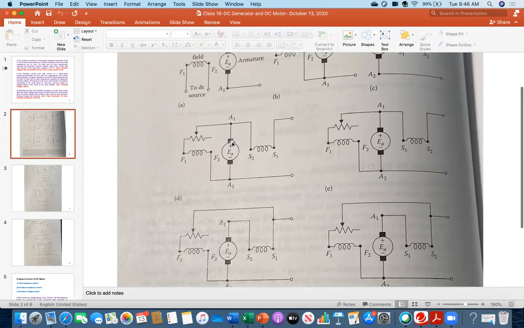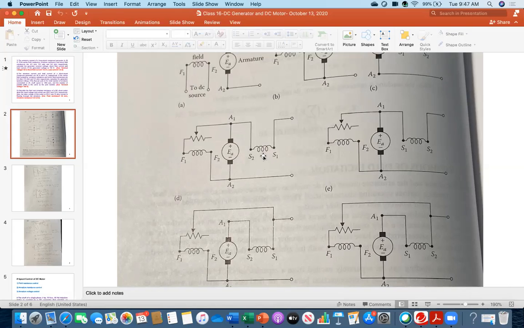This black color is called the carbon brush. So here you draw a resistance and label it RA. And between S1 and S2 is the series field coil. Therefore, inside that coil there is resistance, so you can label this RSE, series field resistance.